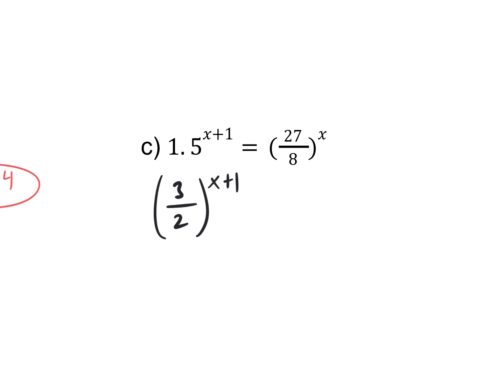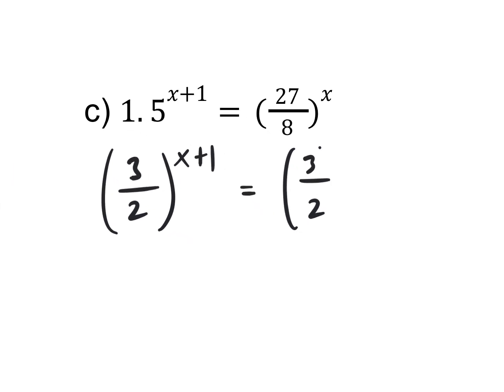Could I rewrite 27 over 8 in terms of 3 over 2? Probably. But it would be to what power? To get me 27, 3 to what power gives me 27? 3, right? So 3 to the third power gives me 27, and 2 to the third power gives me 8, right?